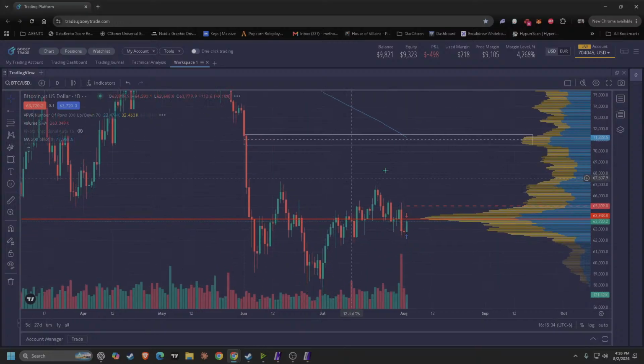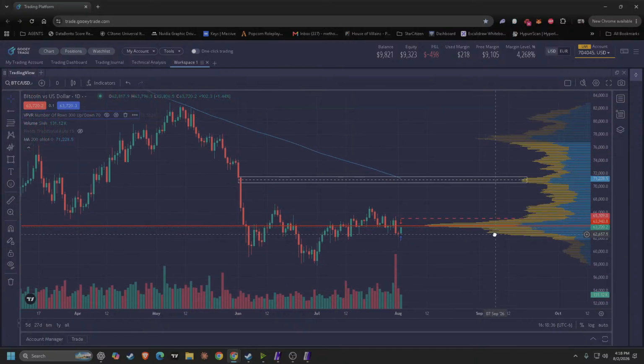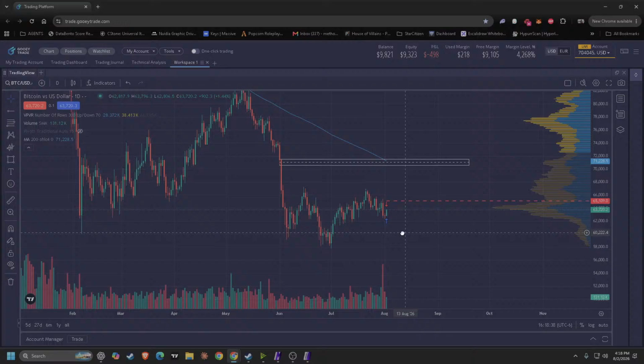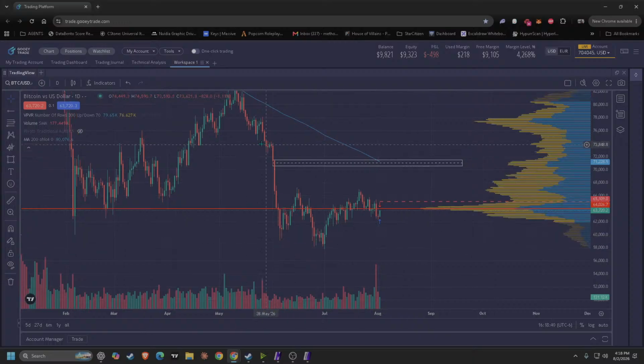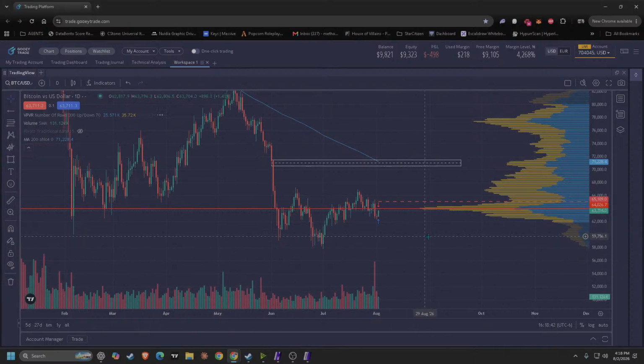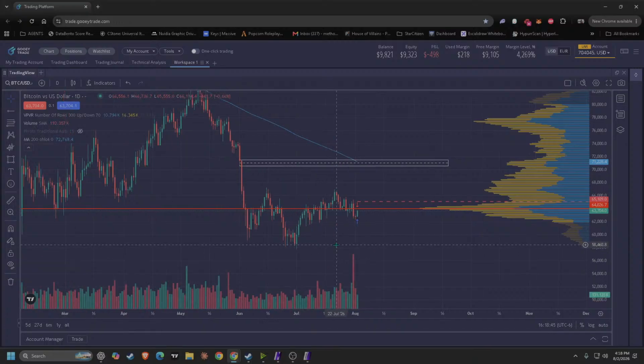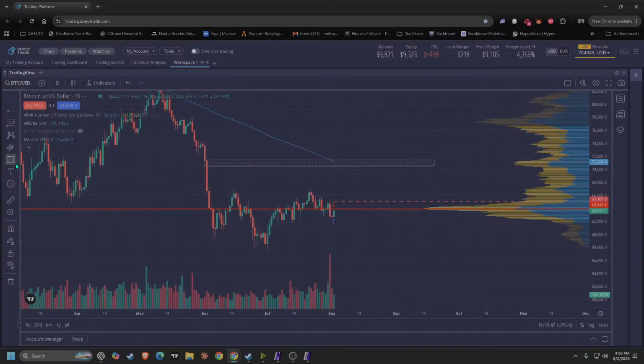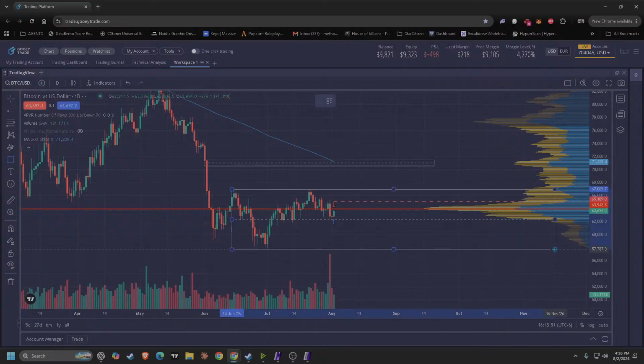All right, that was a big down move, right? More room to the upside. But we could be in consolidation too, right? Like on this daily, we're essentially in consolidation right now.